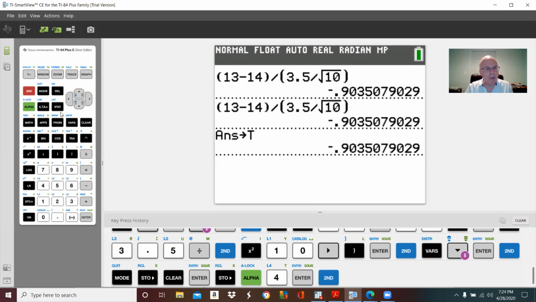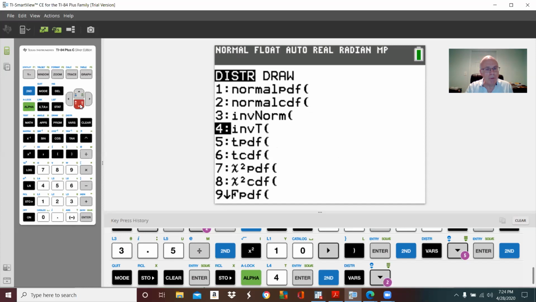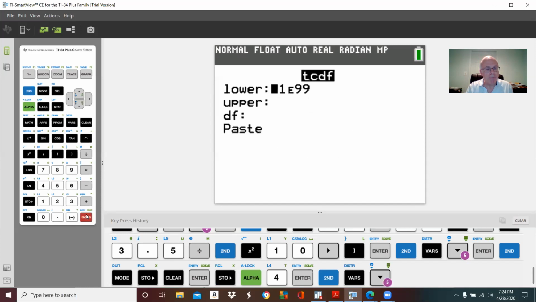Now what I'm going to do is go to TCDF, hit enter. And now I need to find the probability that small t is less than this negative number. So less than means my lower limit will be negative 1,000.